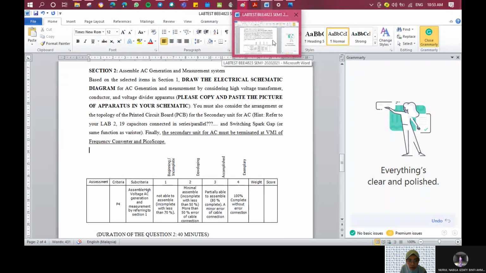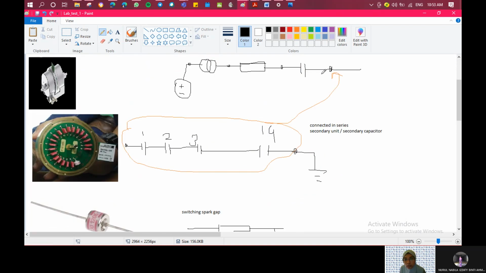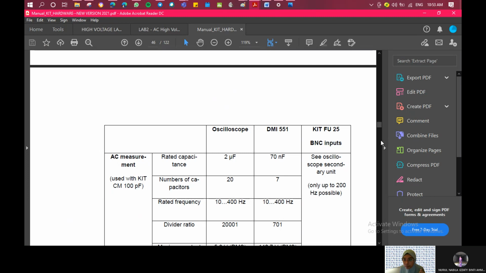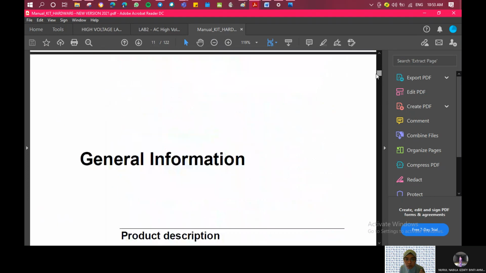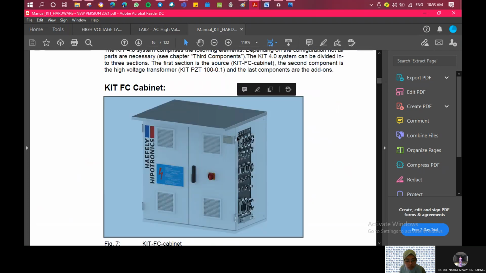Sorry, I forgot. So the secondary unit, we will connect it. There will be a connection using the auxiliary cable, connected directly to the frequency converter panel, which is this one. The outside panel of it, this one.